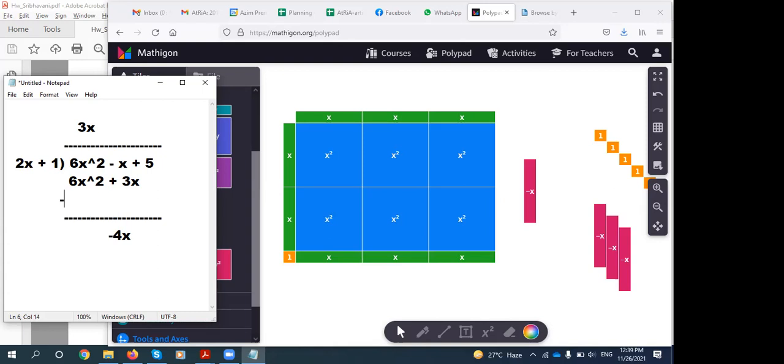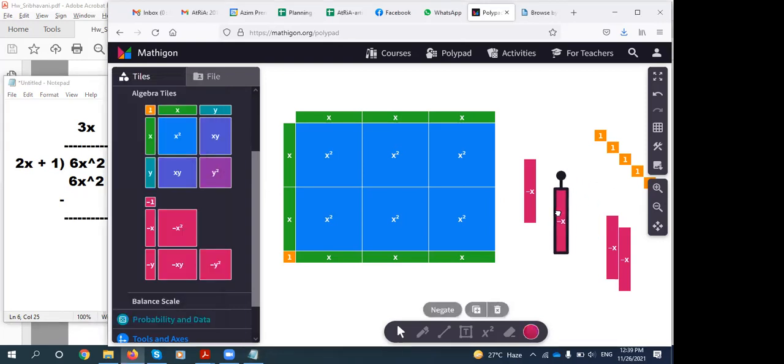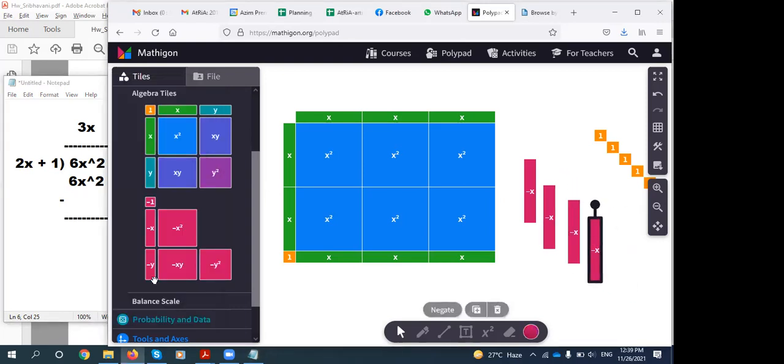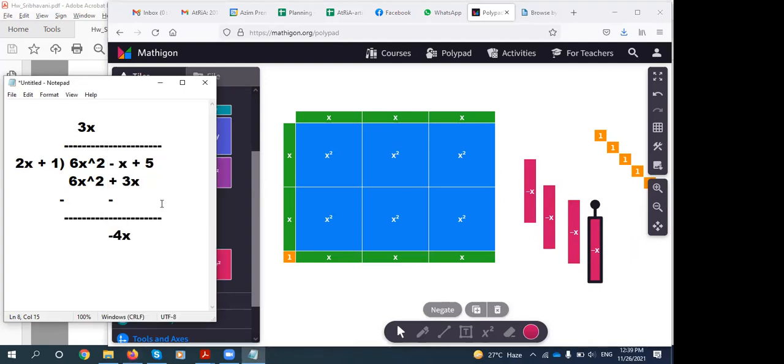So we have a minus here and a minus, right? So once we change sign and then subtract, we get negative 4x. Note that that's exactly what we have here. And this 5, of course, is there because we haven't done anything with the 5.